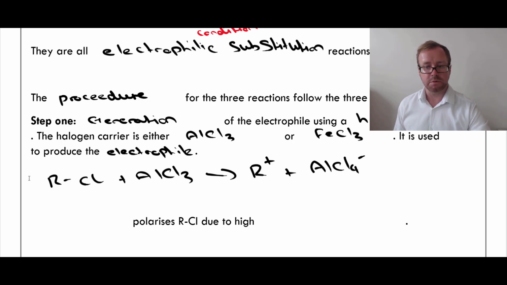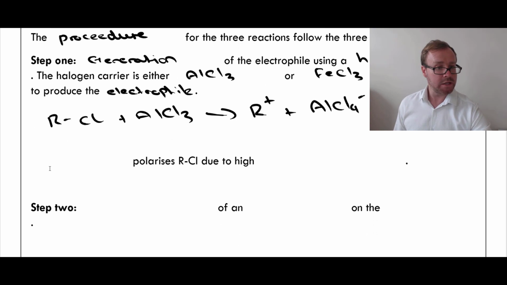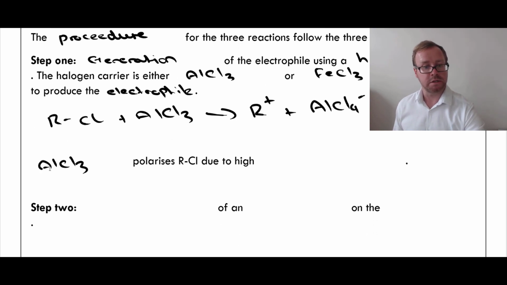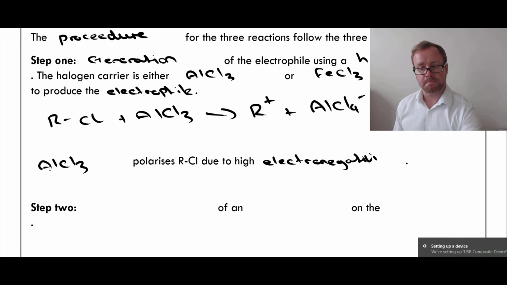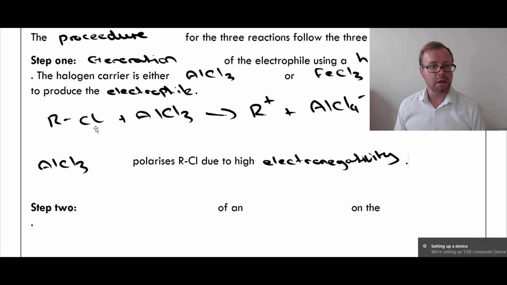The reason why this happens is because the AlCl3 polarizes the RCl due to high electronegativity. Okay, so here the chlorine is high in electronegativity, and this is chlorine as well, so it pulls the electrons from this bond here and breaks it to form our electrophile.